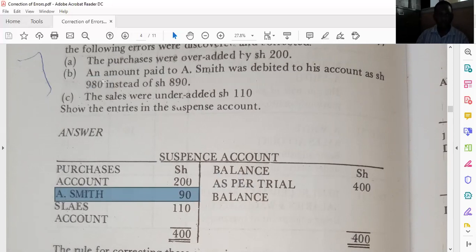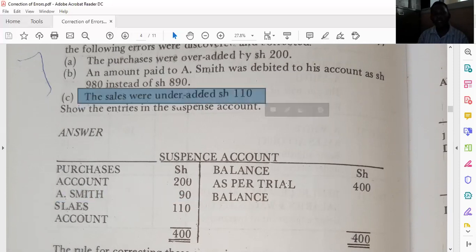We've corrected for that. And then we move on to the third one, that error, that is the sales account was under-added by 110 shillings. So it means the sales account ought to have been credited, but in this case they were credited with 110 shillings less.